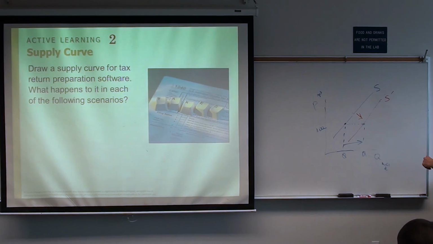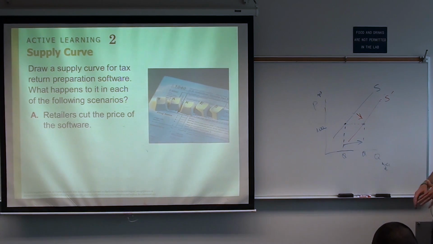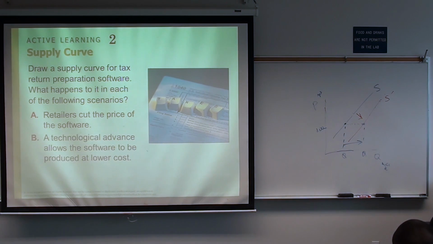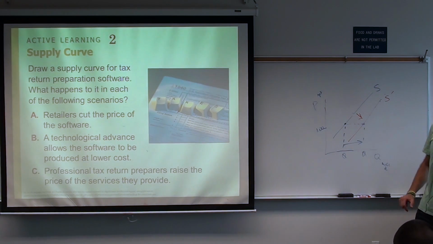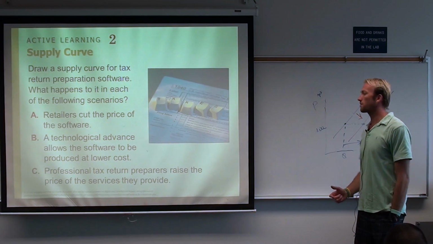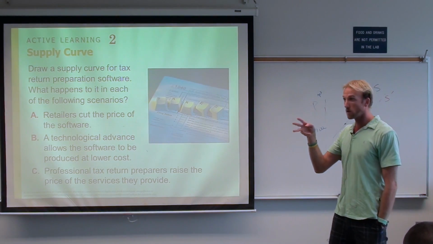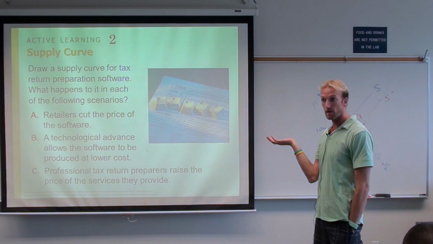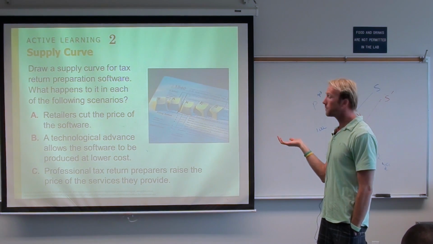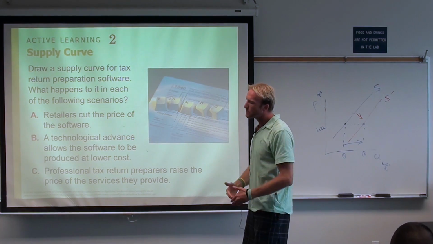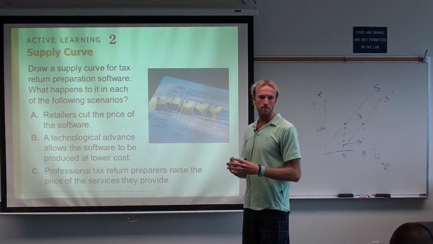I'm not sure. But let's imagine that retailers cut the price of the software, a technological advance happens, and professional tax return preparers raise the price of the services they provide. So on the next page, draw 3 supply curves, the old one, and then 3 new ones, or whatever happens to it. And you really have to pretend that you are the company that is making it.